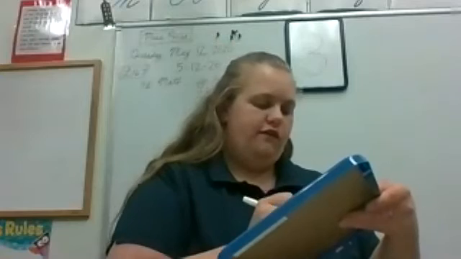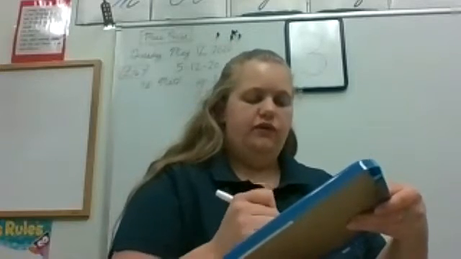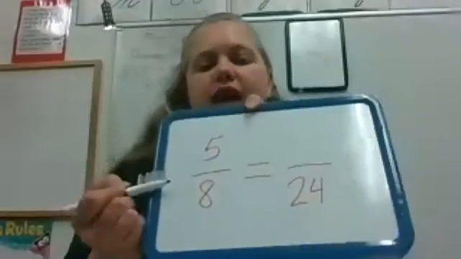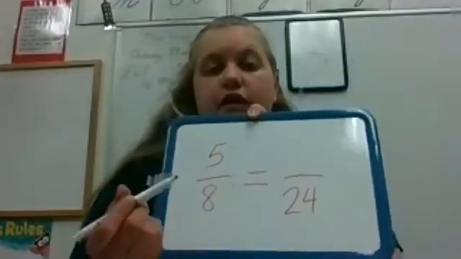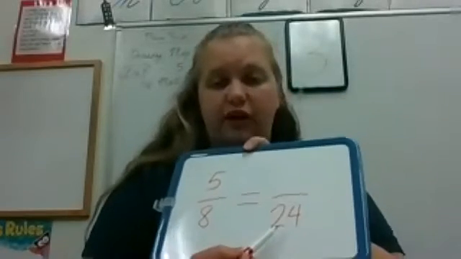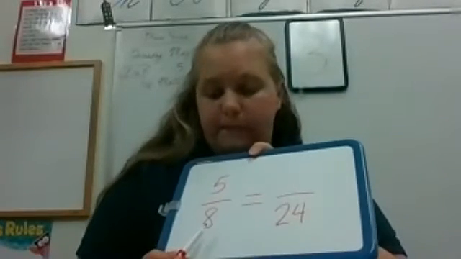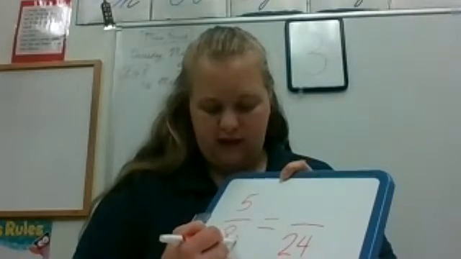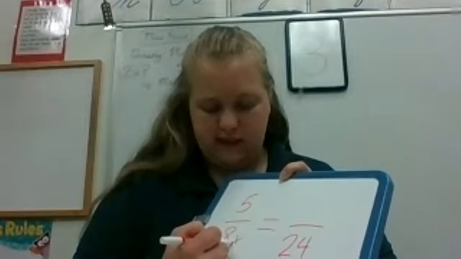How do we get from 8 to 24? What do we multiply 8 by to get 24? Or we could say it this way, 24 divided by 8 is what? What times 8 is 24?